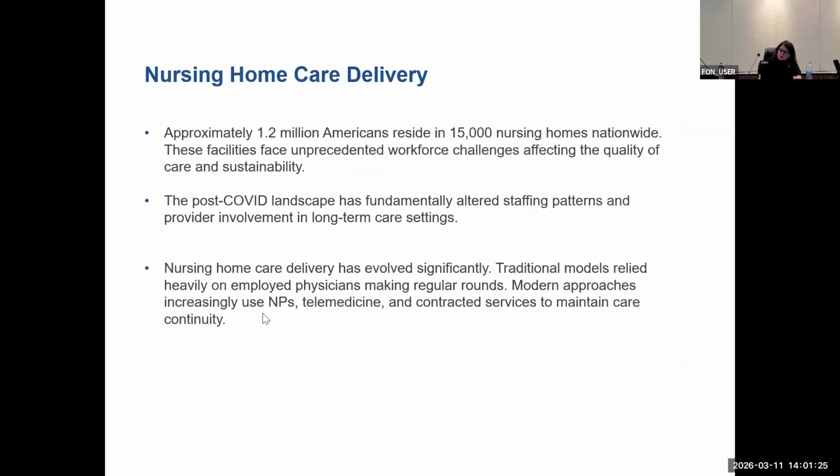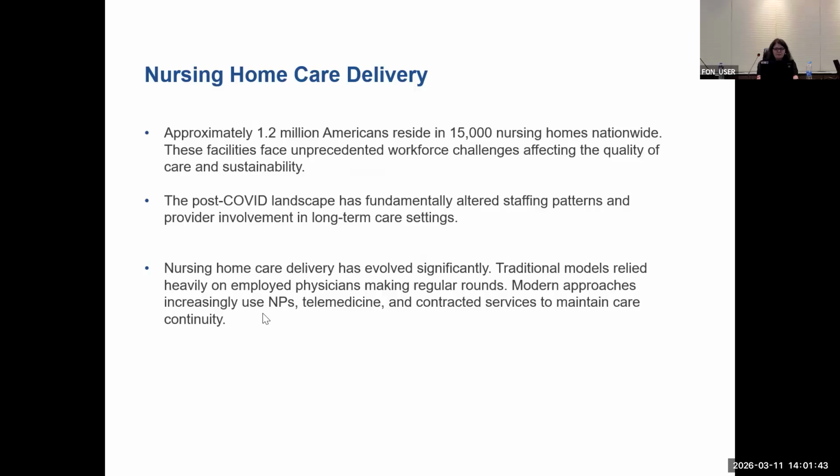But we also know that a lot of older people are in nursing homes. We know that about 1.2 million Americans right now live in 15,000 nursing homes in the country. And I'm sure you remember during COVID, all of the issues that nursing homes were having.